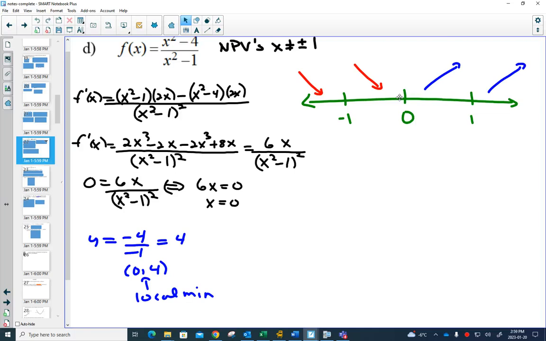So check what you did, do your corrections, and then practice your quotient rule.